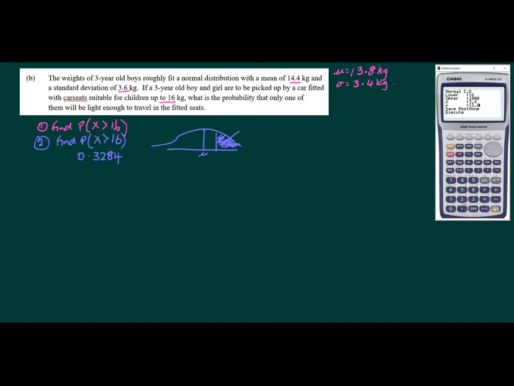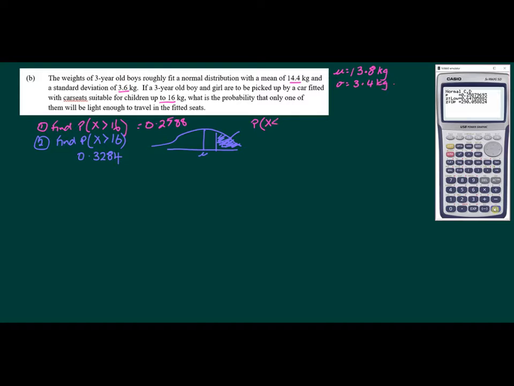Do that, and we find out that our probability is 0.2588.